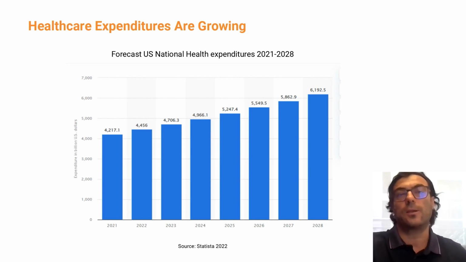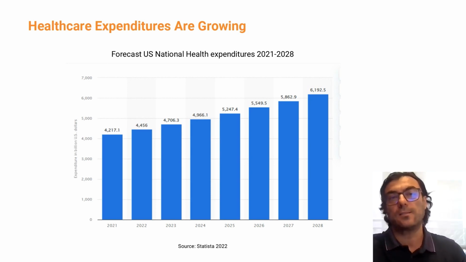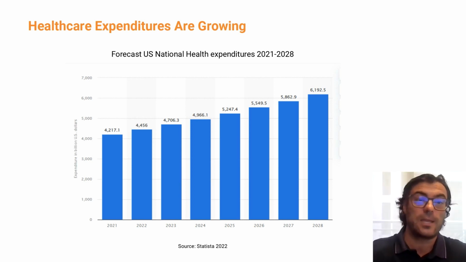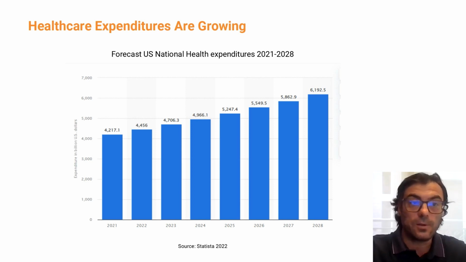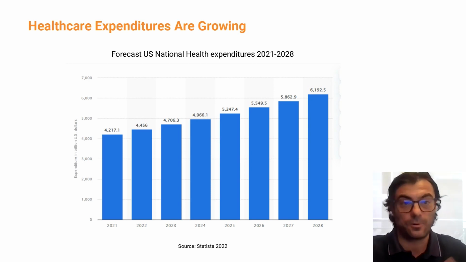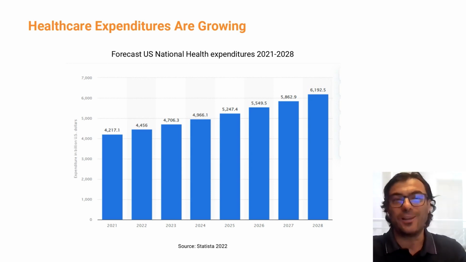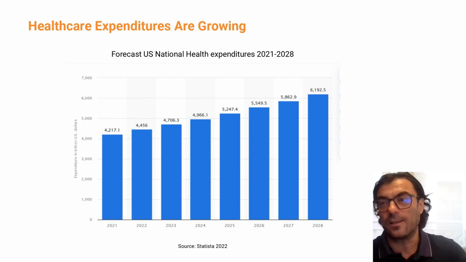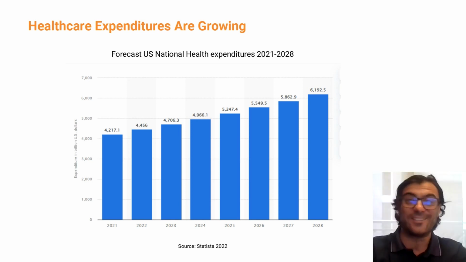This is a forecast of the U.S. national health expenditures for 2021 to 2028. It's not even that far, and you can see that from 4.2 trillion, or 4,200 billion dollars in 2021, this is steadily increasing to 6.1 trillion dollars.